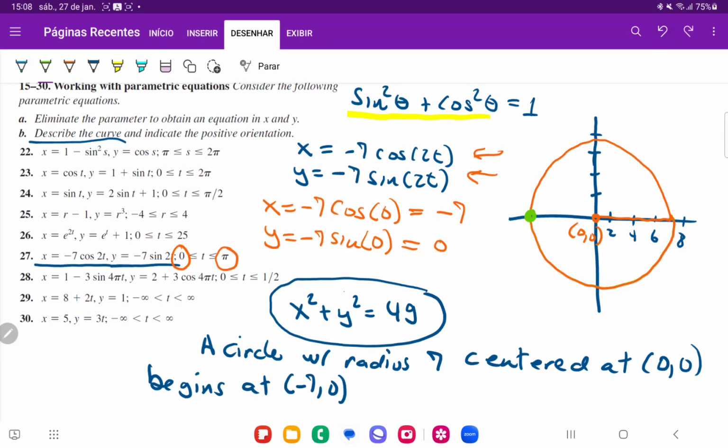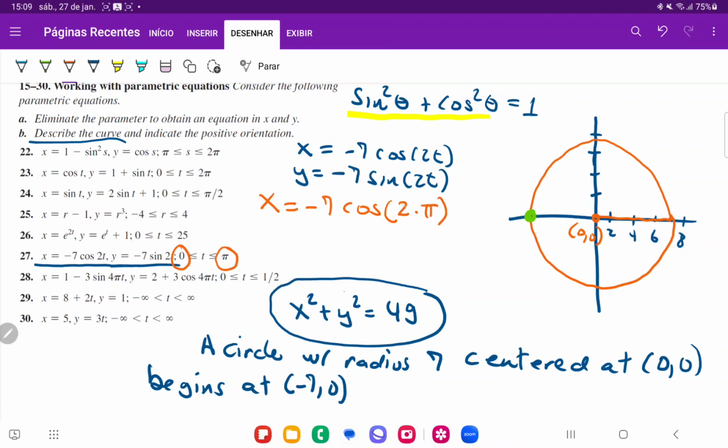However, the argument here is 2t. What that means is that it's going twice as fast. So now let's plug in the upper boundary. If I have x equal to minus 7 cosine of 2 times pi, which would be the endpoint, it's actually evaluating 2 pi.